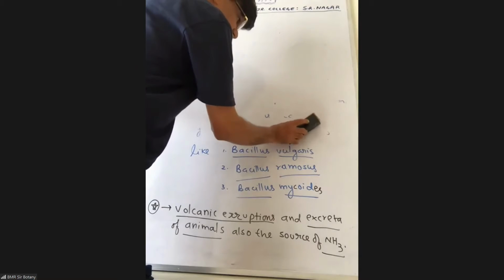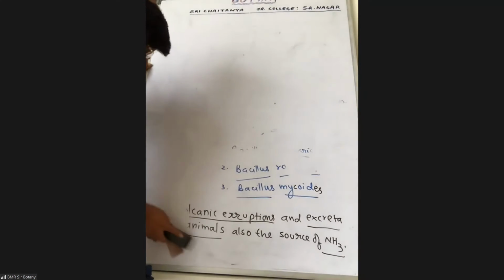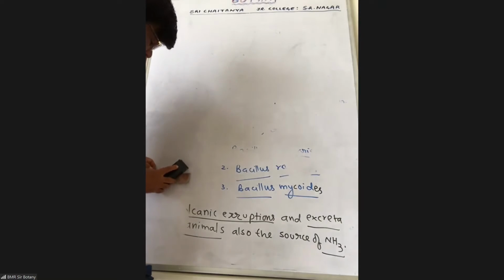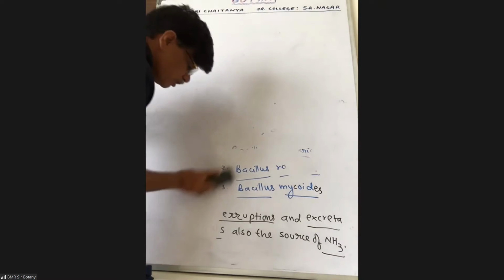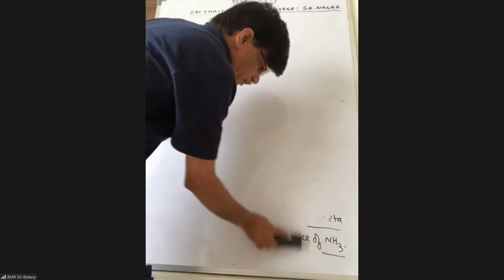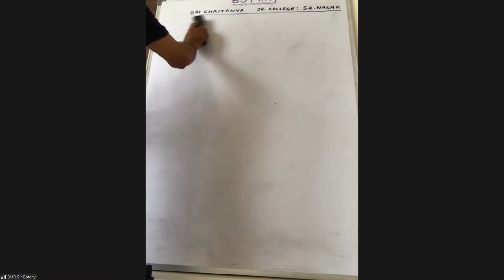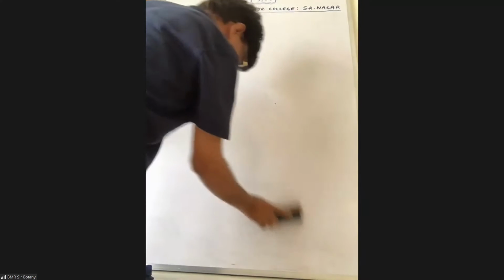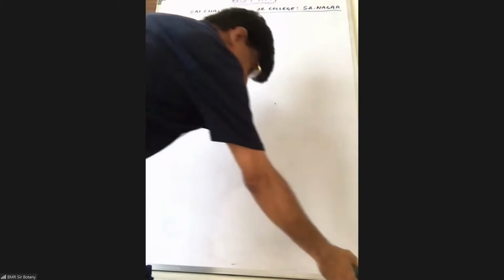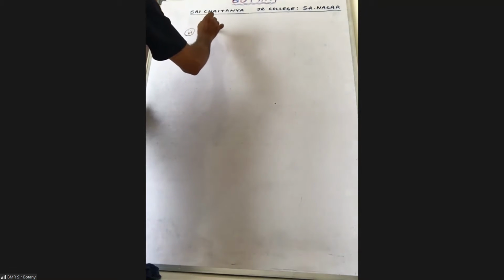But it is chemoautotrophs doing it. Chemoautotrophs are nothing but chemosynthetic. They are a kind of autotroph. They synthesize food materials, deriving energy from oxidation. So subheading 3, nitrification.